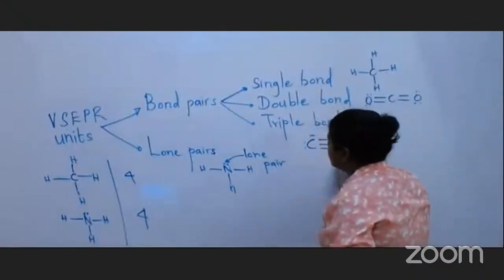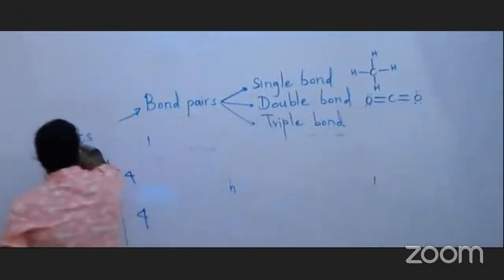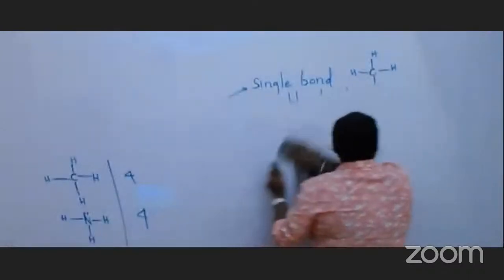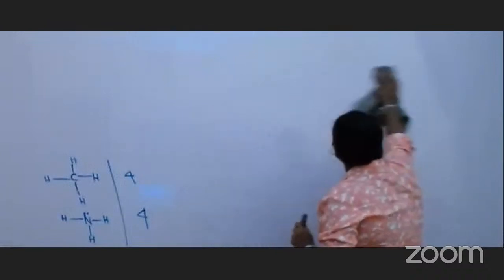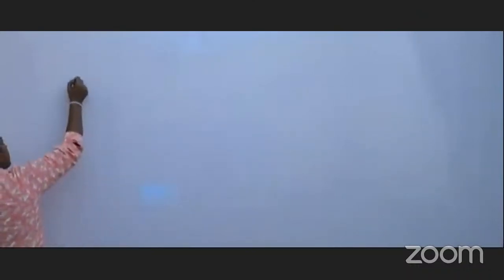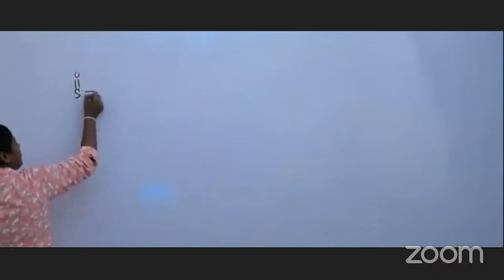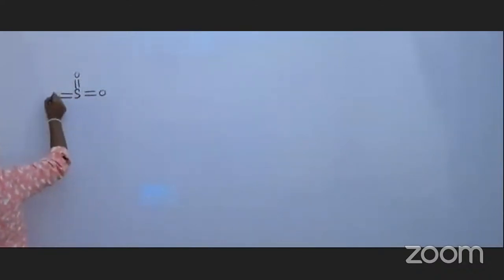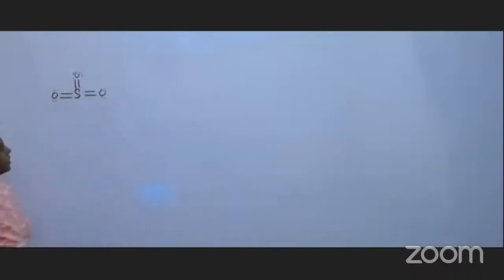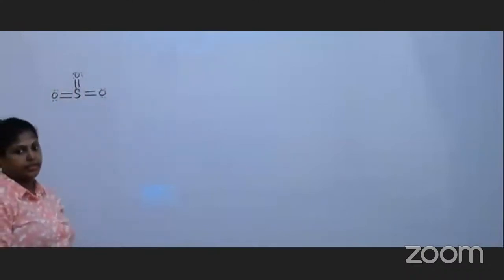I erase those. Right, you can note down. If I take another example, sulfur trioxide, SO3, this is the skeleton structure for sulfur trioxide.